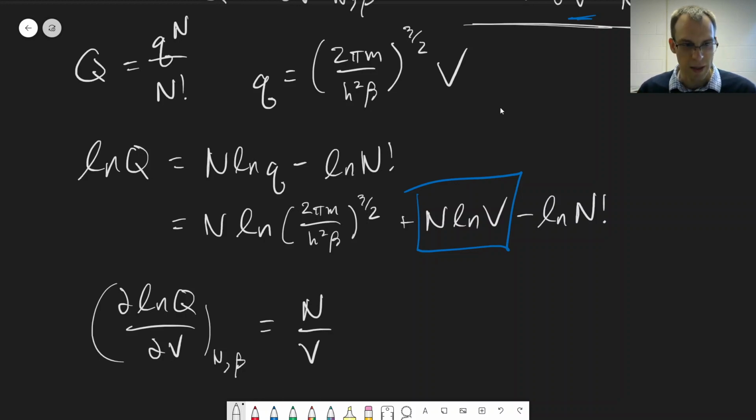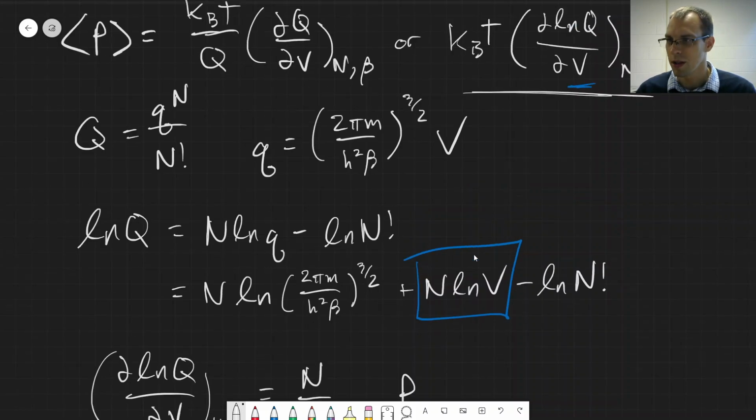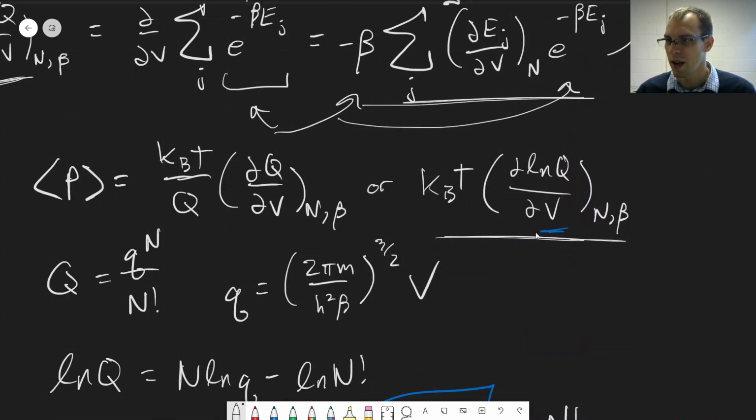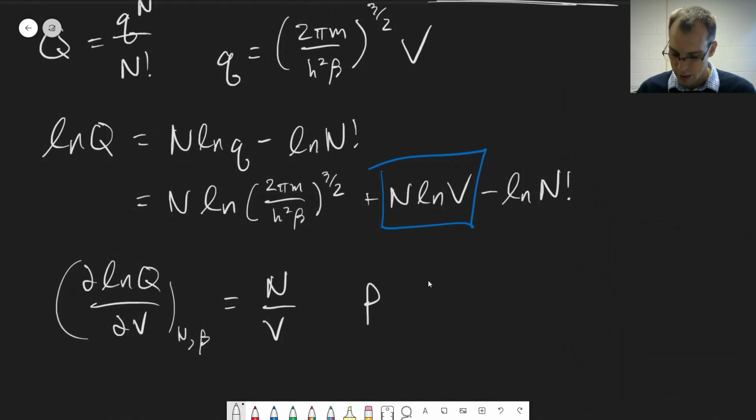Or we can say that the pressure then, coming back up to our equation here, is kBT times this derivative. So our average pressure, or our pressure, is equal to kBT times N over V.